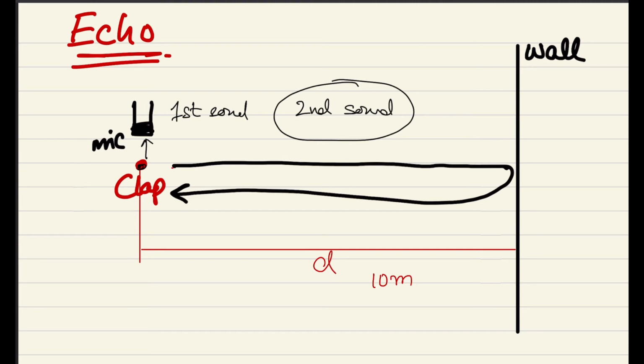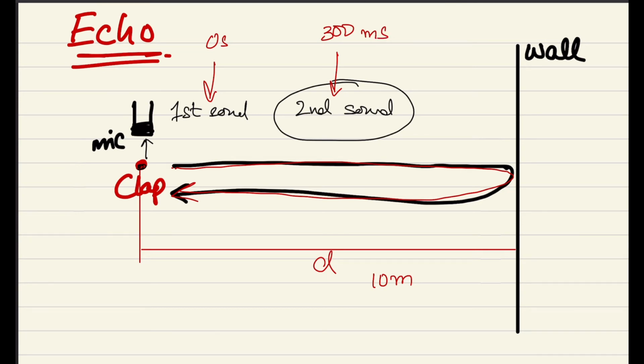So when the clap happens, the mic will detect the first sound. You'll note down the time. So let's suppose the time was 0 seconds. The sound will travel towards the wall, hit the wall and come back, and the mic will hear the second sound. Let's suppose the mic heard the second sound after 300 milliseconds.